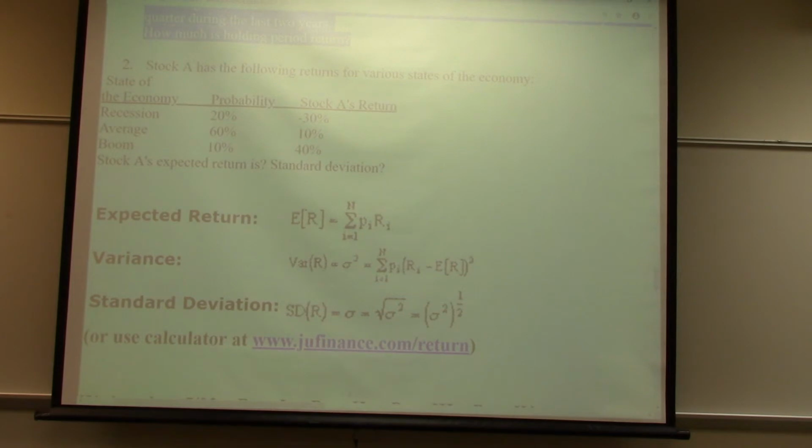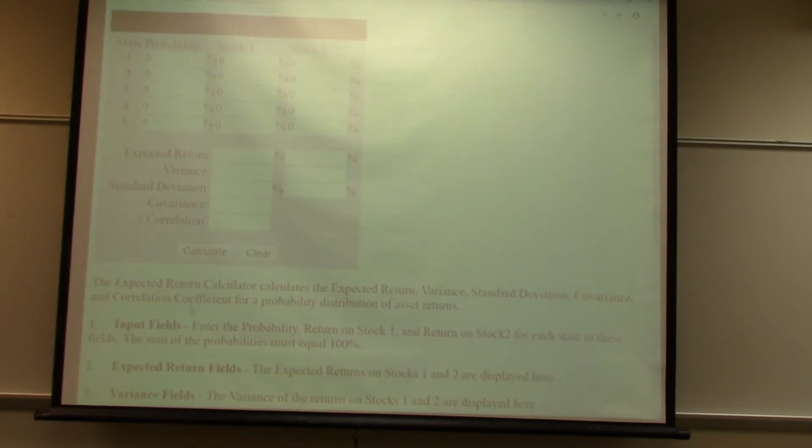You use the calculator. It's quite convenient. Negative 30, 60, 10, negative 10, 40. Here. Yeah.